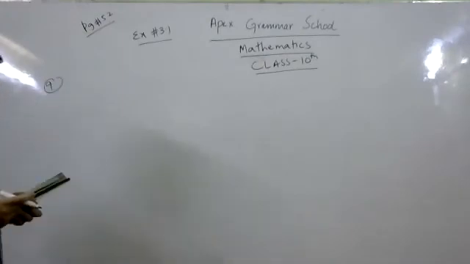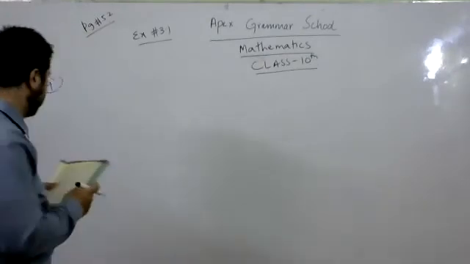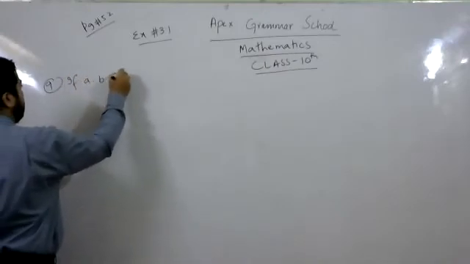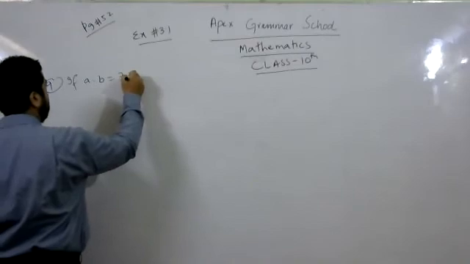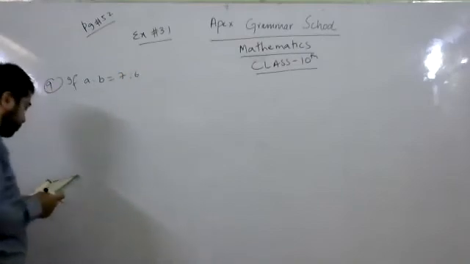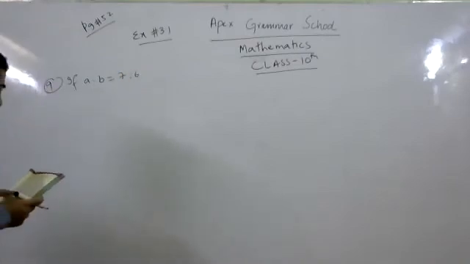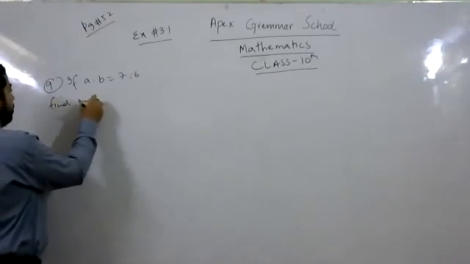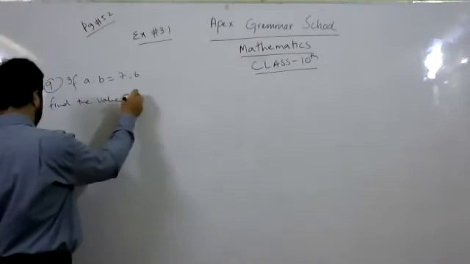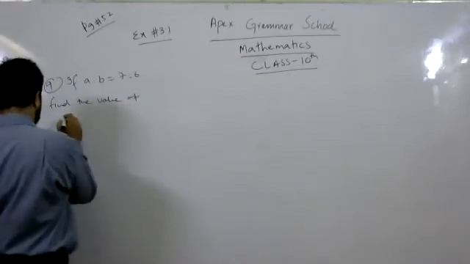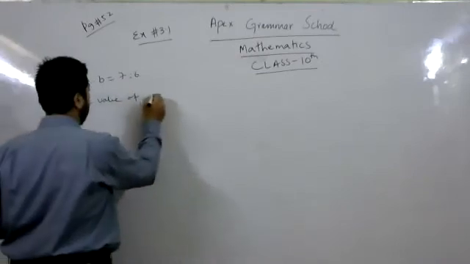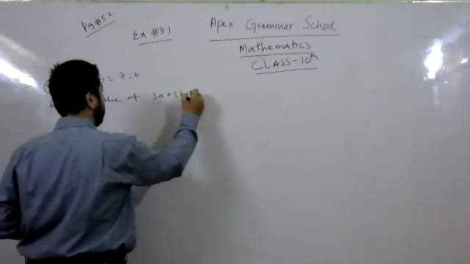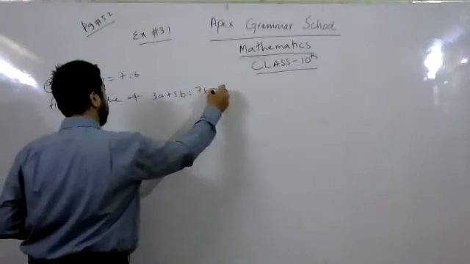That is, if A ratio B is equal to 7 ratio 6, find the value of 3A plus 5B ratio 7B minus 5A.